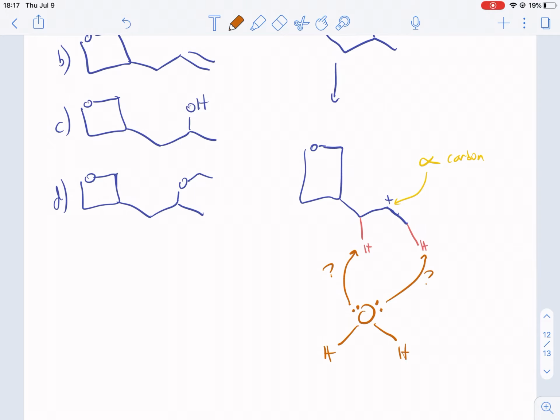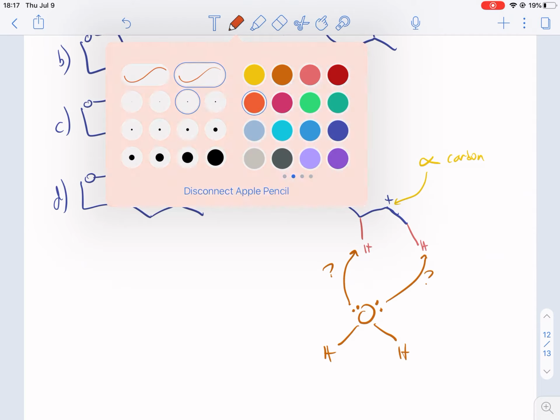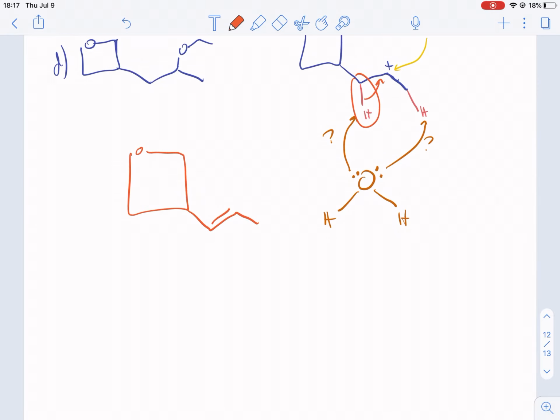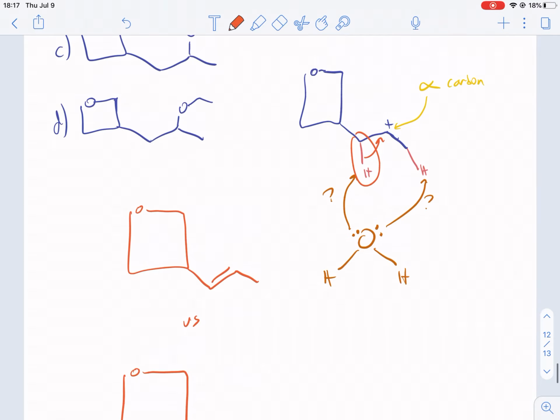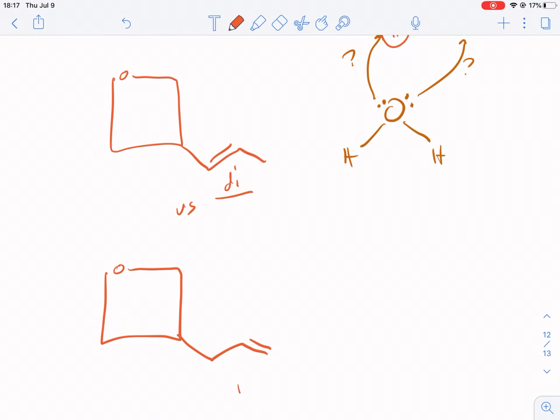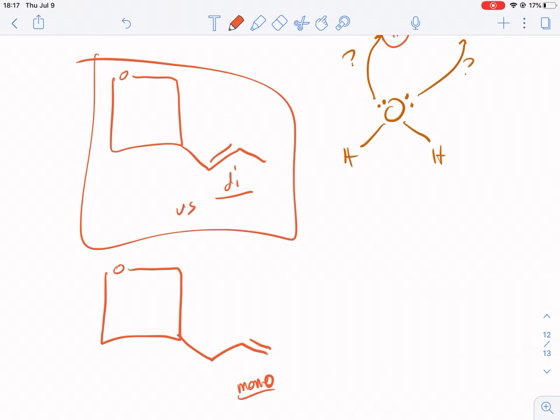So of the two options, the one that gives us the most substituted alkene is this hydrogen, because the double bond is going to form here. Versus this one, if we pull that, we'll make that. We see a disubstituted and a monosubstituted alkene. So this disubstituted one is going to be the major product, aka the right answer.